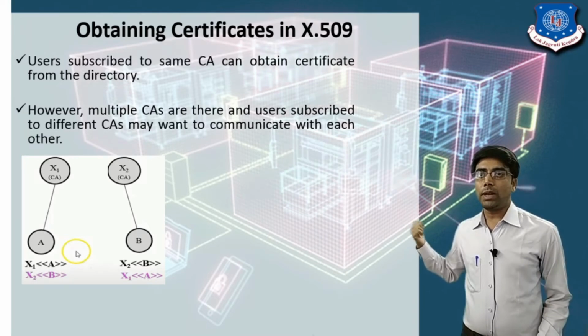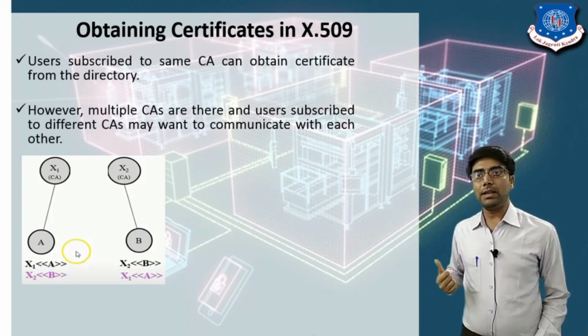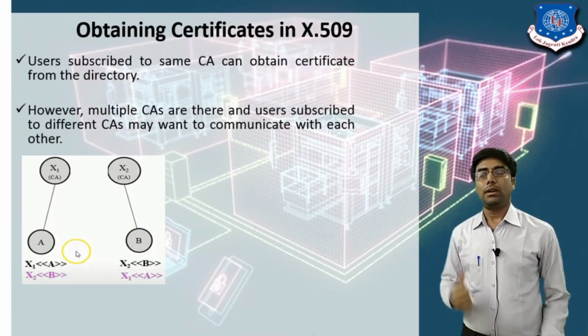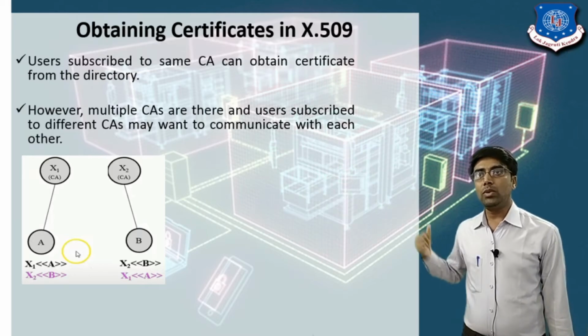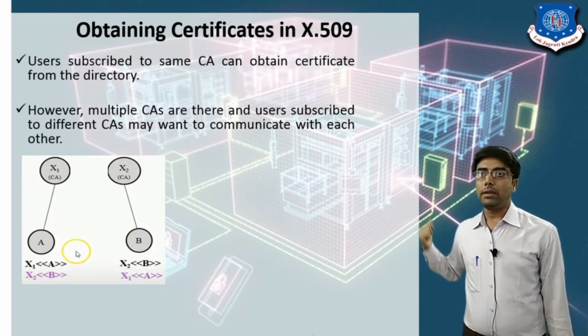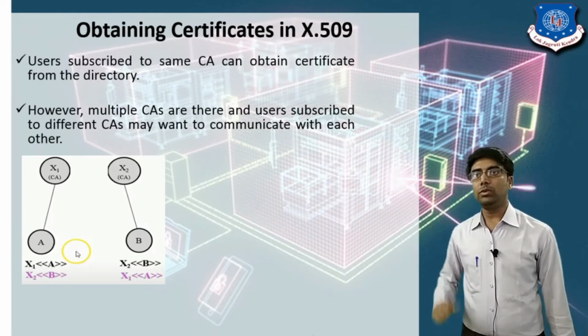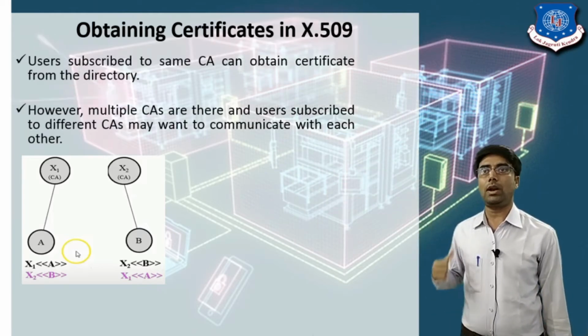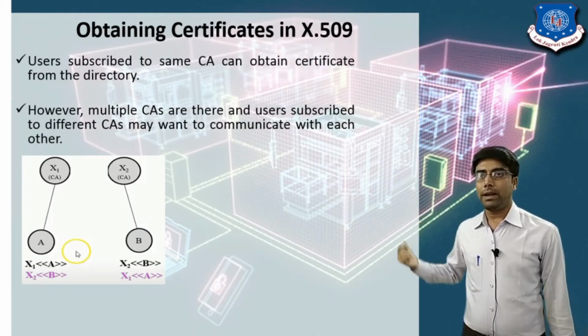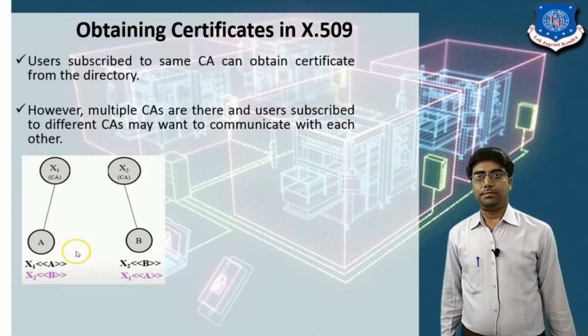Now X1 will generate a certificate for B and send it to user B. Now user B knows the public key of X1. Now they will verify the certificates of each other.